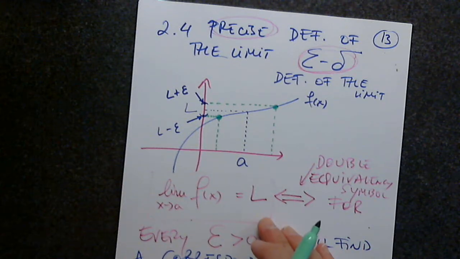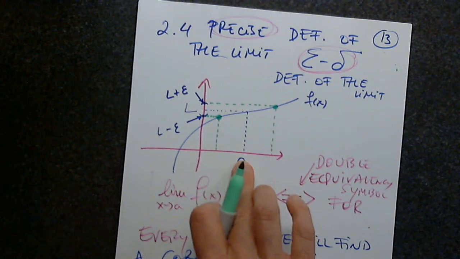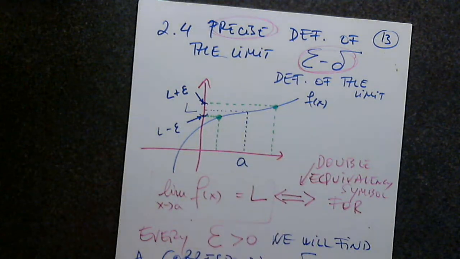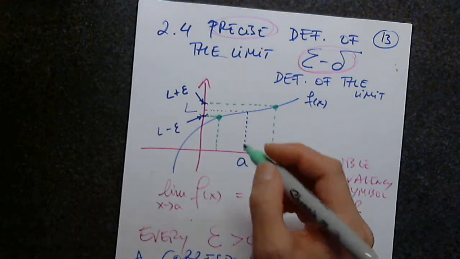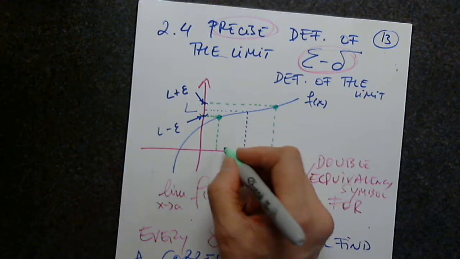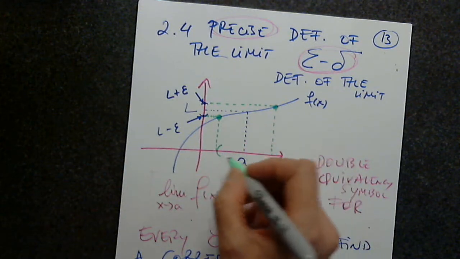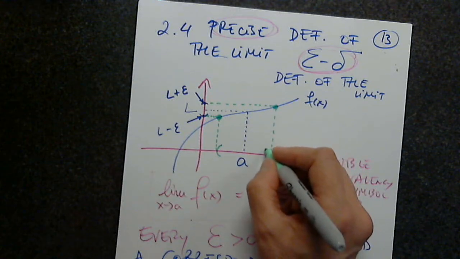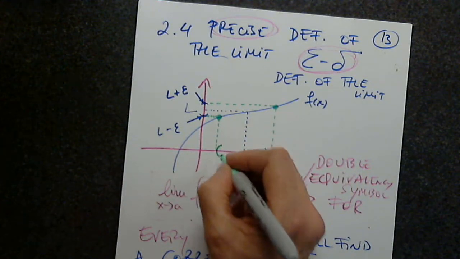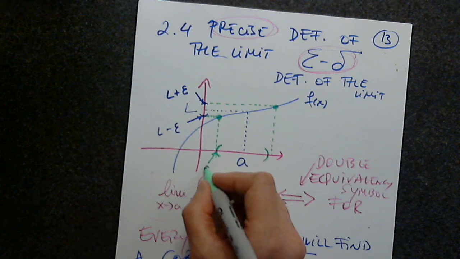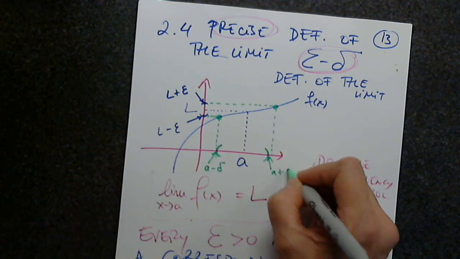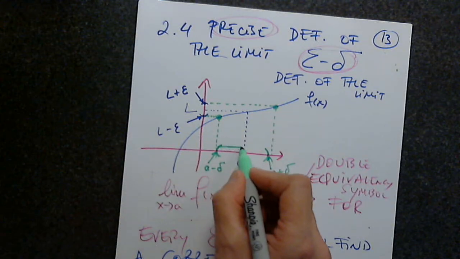They will not be the same measure to the left of A and to the right of A, but in my graph they kind of look as if they are the same. They are not. I'm going to say that this is the smallest, and this is larger. This will be A minus delta, and this will be A plus delta, and this is delta.